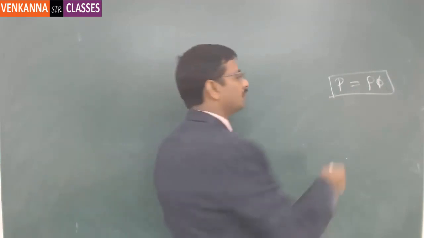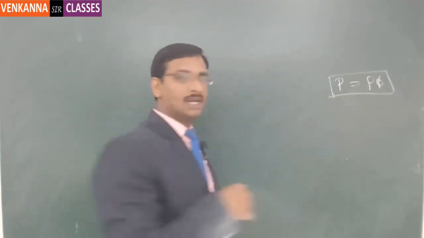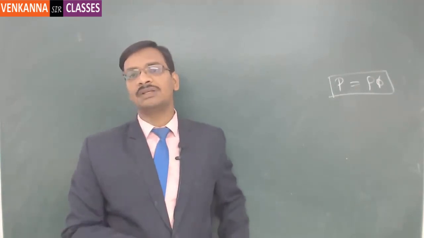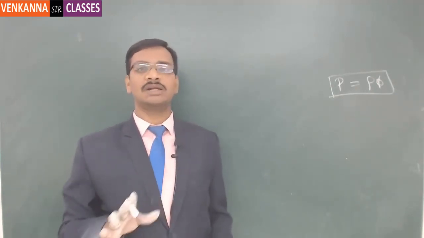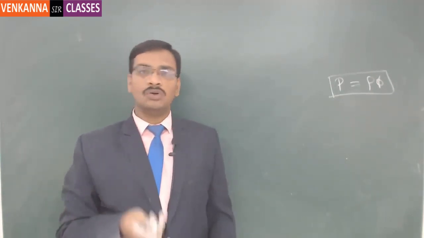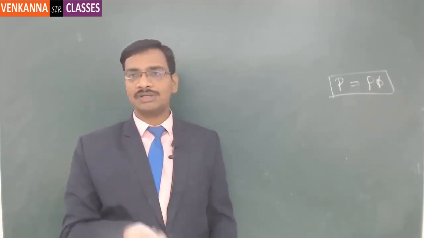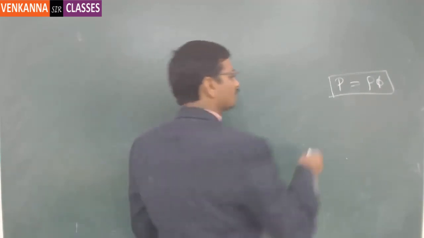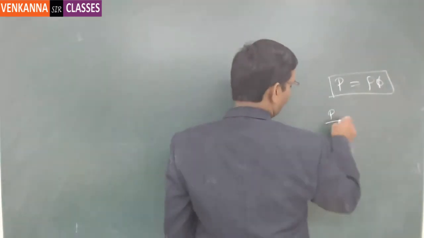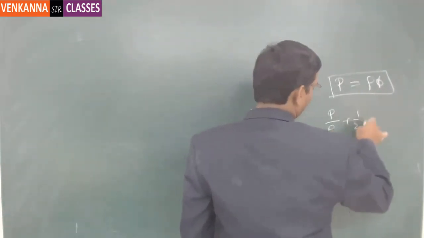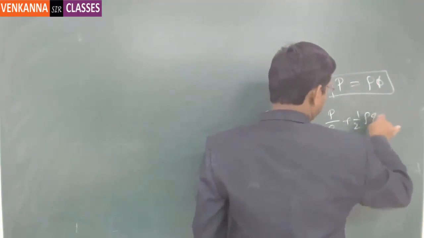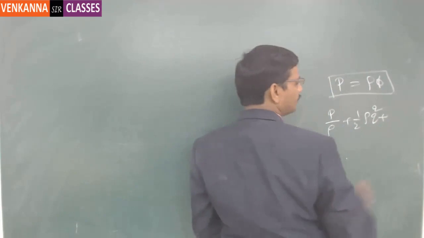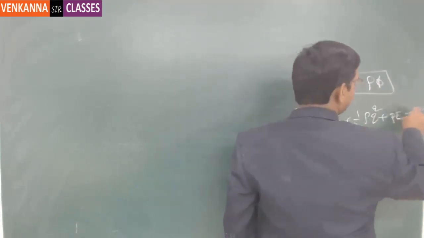Another relation we are going to use is the pressure related to the velocity, because till now whatever we dealt with was related only to the velocity. Now, what is the relation between velocity and pressure? That is given by Bernoulli's equation. Bernoulli's equation says P by rho plus half rho Q square plus the potential energy is equal to constant.